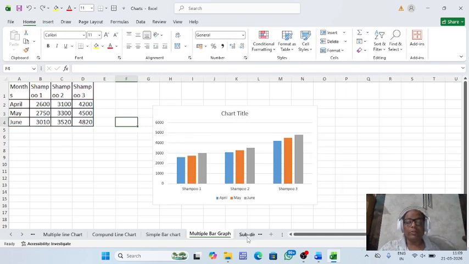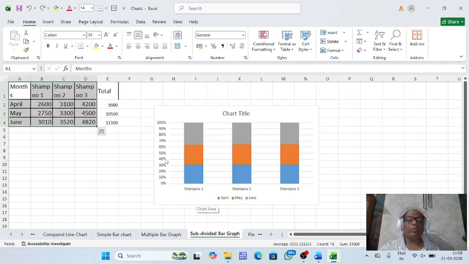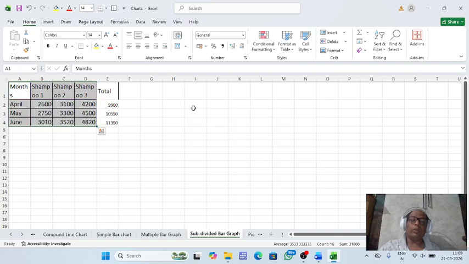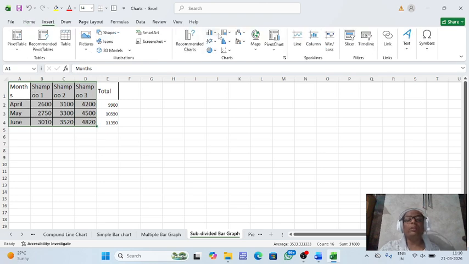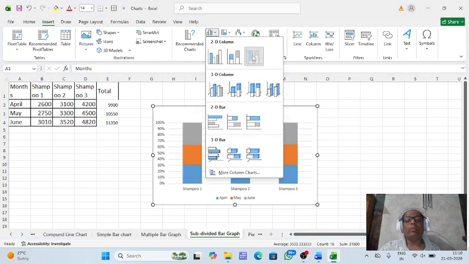Then we have the subdivided chart. See, this is another way of interpreting the result with a chart. Monthly sales of sample 1, sample 2, sample 3 have been given. In the subdivided chart, we'll click on this and click on this.